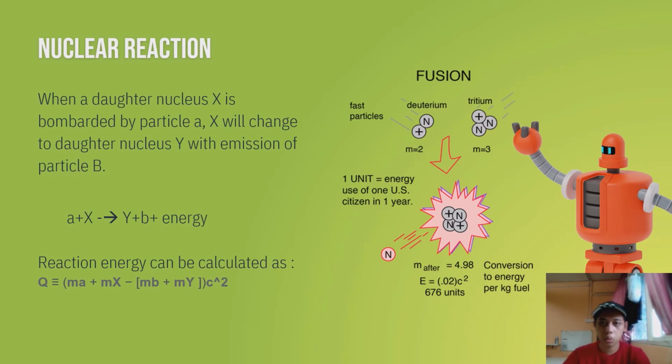This is one example of a nuclear reaction, which is fusion. We can see here the deuterium and tritium are fusing. Both of them are fast particles, and in the fusion, the mass is changed after that, and the energy is produced.